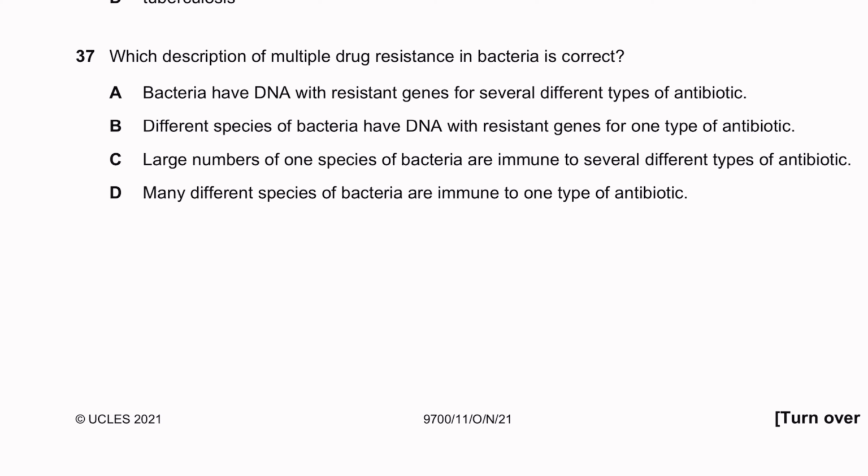Bacteria have DNA with resistant genes for several different types of antibiotics, or different species of bacteria have DNA with resistant genes for one type of antibiotic, or large numbers of one species of bacteria are immune to several different types of antibiotics. Okay, so multiple drug resistance in bacteria is when we use lots of antibiotics, and then bacteria become resistant against all these different types of antibiotics, right? And so bacteria have DNA with resistant genes to several different types of antibiotics, is letter A.